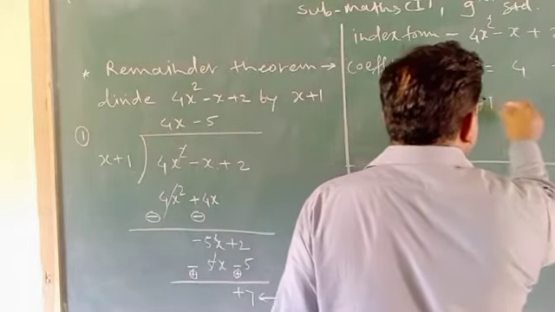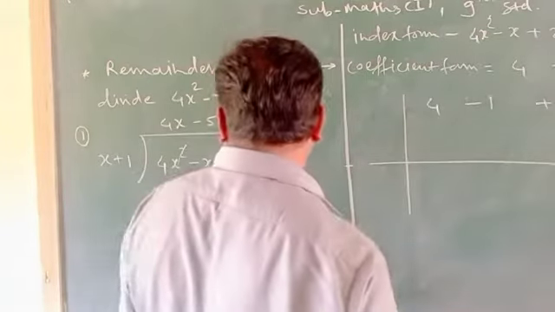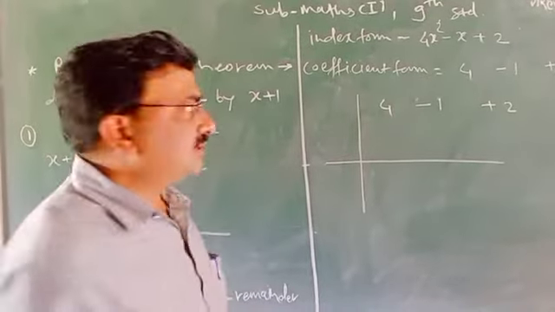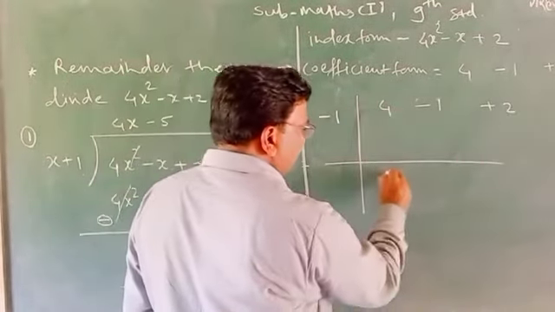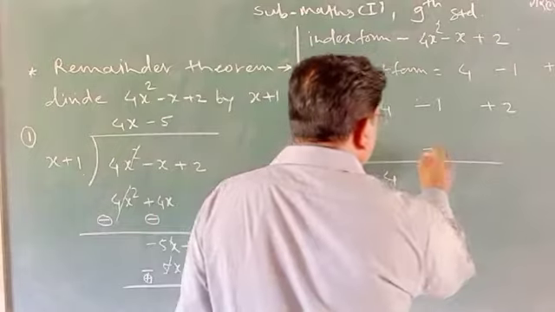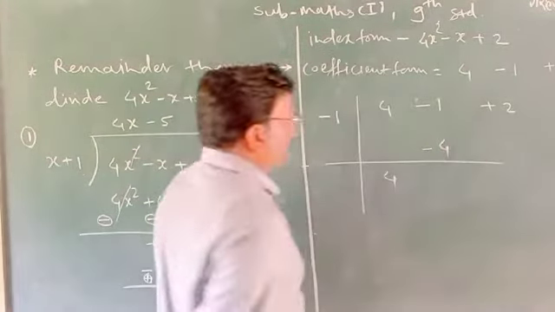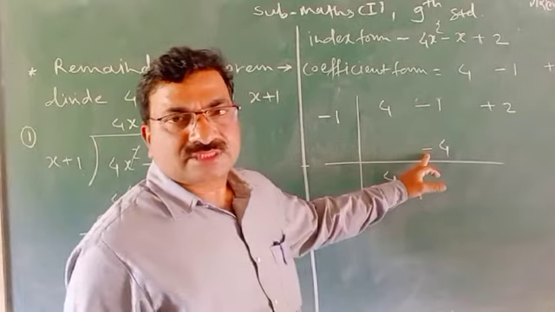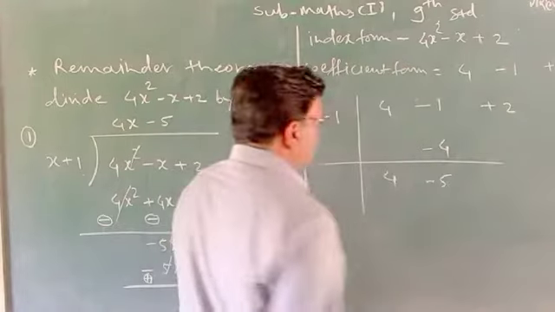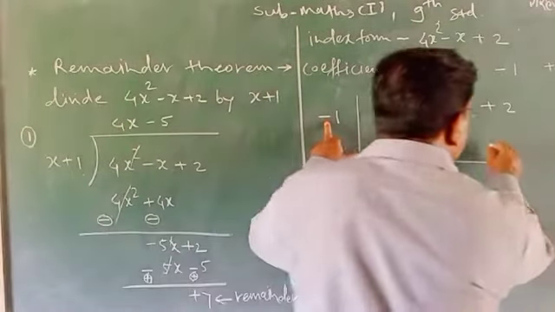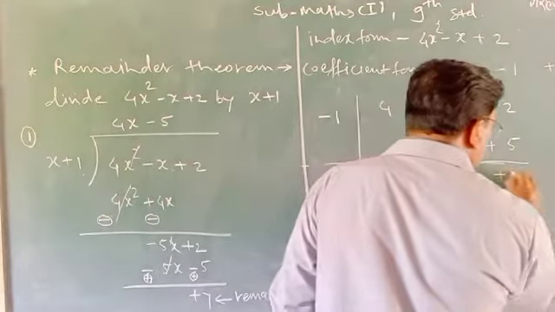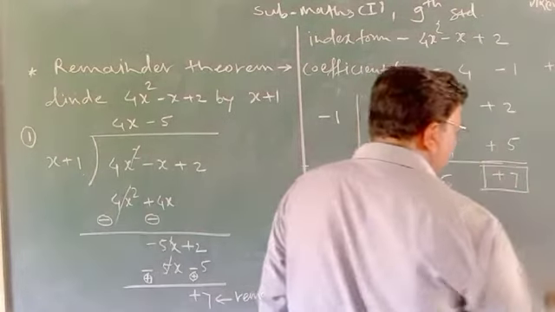Our divisor is x plus 1, that is the value of x is minus 1. Therefore, write down here minus 1. First number as it is, 4. Minus 1 into 4 is minus 4. Same signs are there. Minus 1 minus 4 is minus 5. Minus 1 into minus 5 is plus 5. Plus 2 plus 5 is plus 7. Same remainder we can obtain.